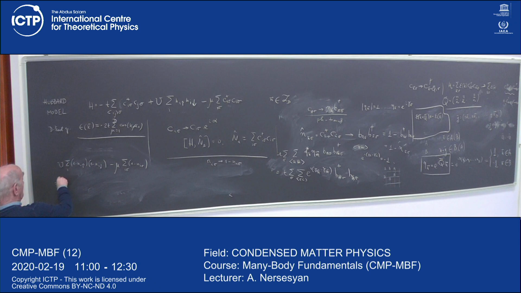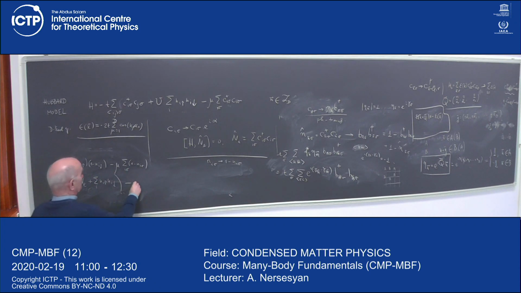Okay, so what do we have here? The first term gives us the total number of lattice sites. The next gives us the total electron number. And the third gives us plus the sum over i of n_{i↑} n_{i↓}.